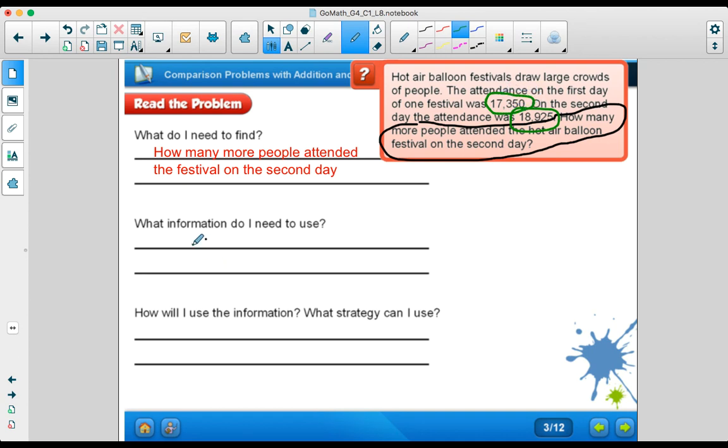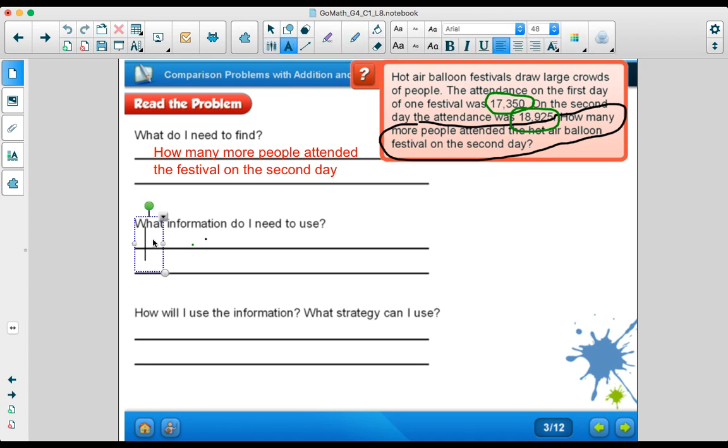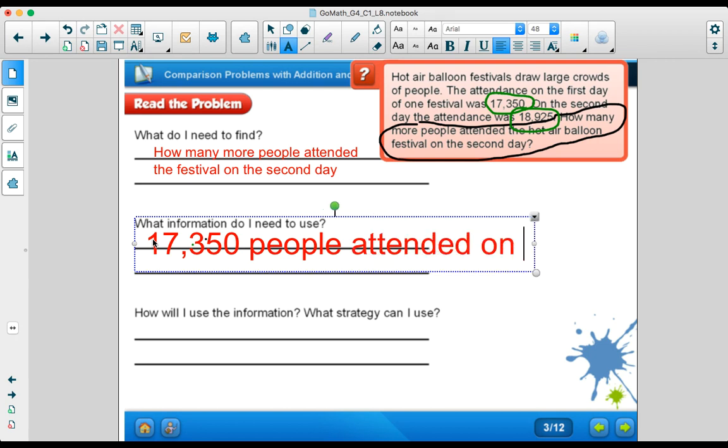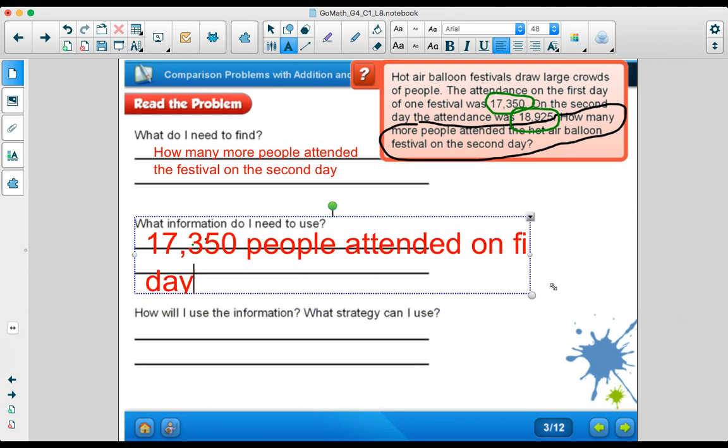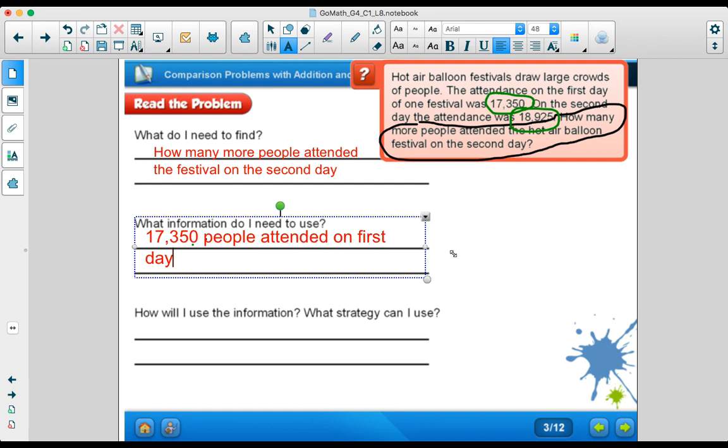So I need to know those two numbers. So I need to know 17,350 people attended on the first day. Please write that information in your Go Math book.